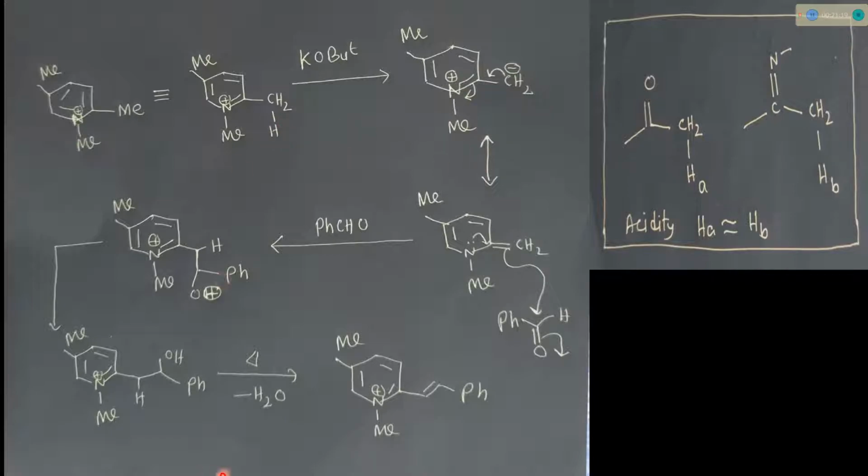The base will abstract this proton. It will resonate, and this is the resonance structure. Then it will attack the benzaldehyde like this and form OH. Then after heating, this H and OH leave as a water molecule to form a double bond.